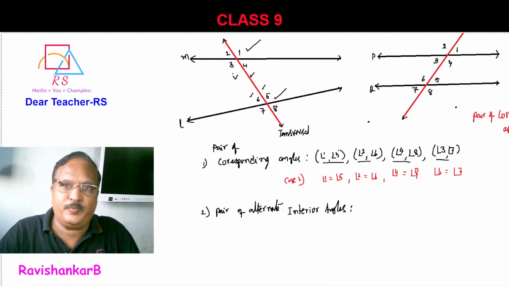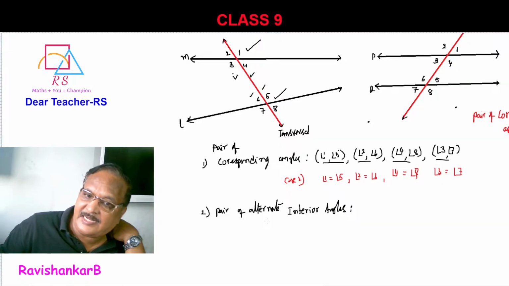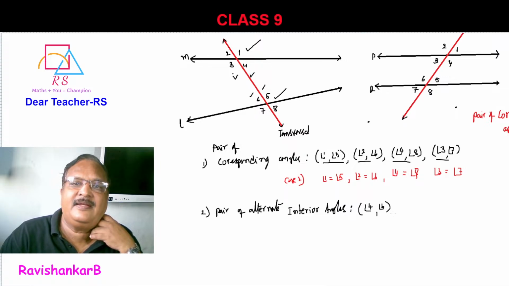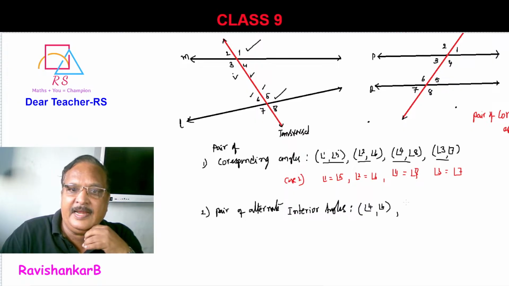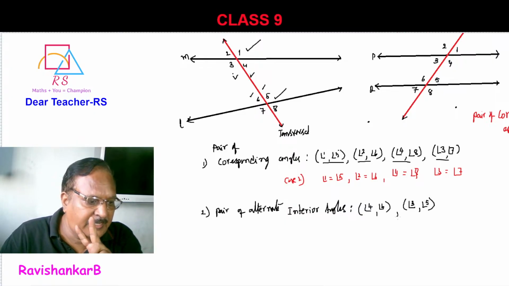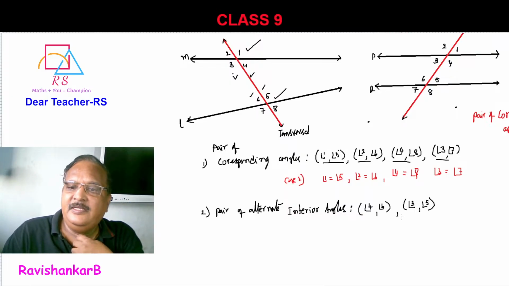Alternate means they should be on either side, the opposite sides, of the transversal. So here angle 4 and angle 6 are a pair of alternate interior angles, and angle 3 and angle 5. Only two pairs will be there. So 4 and 6 and 3 and 5.